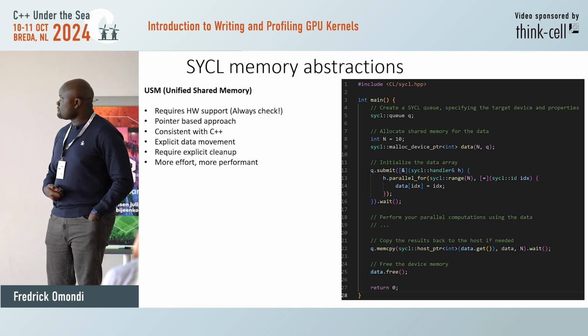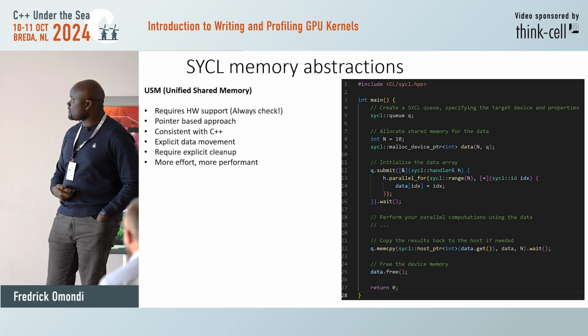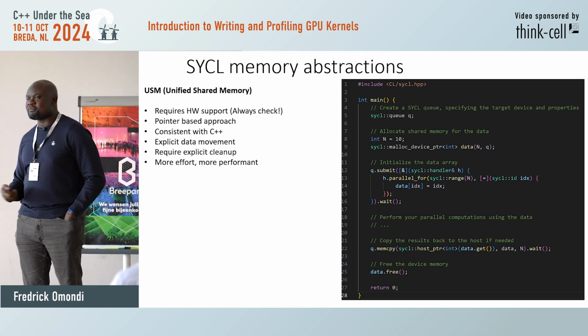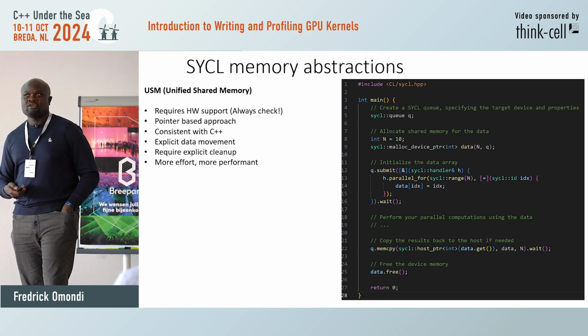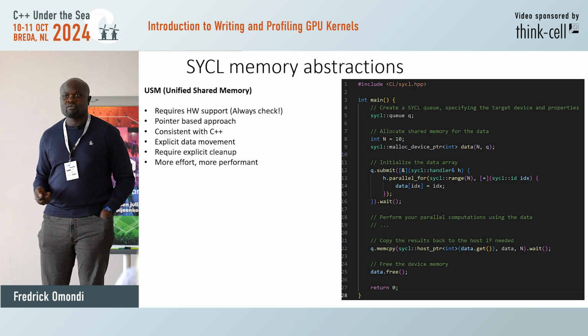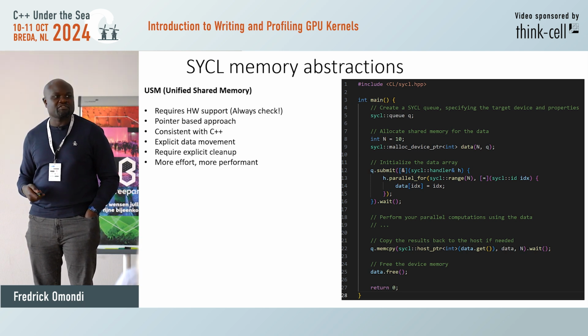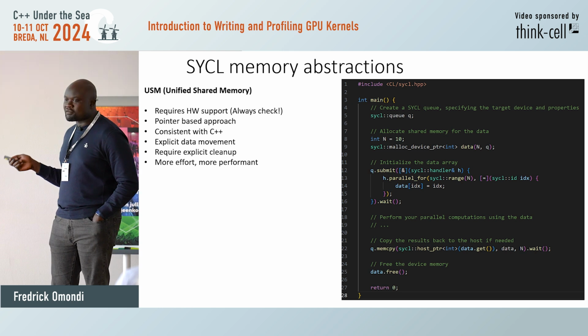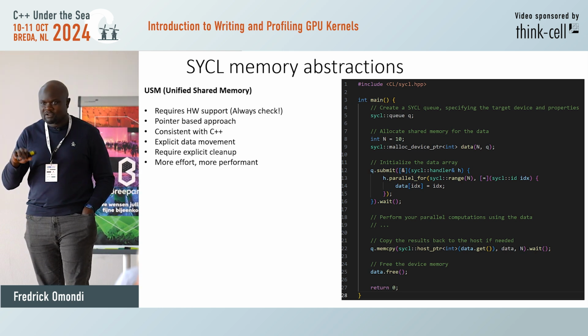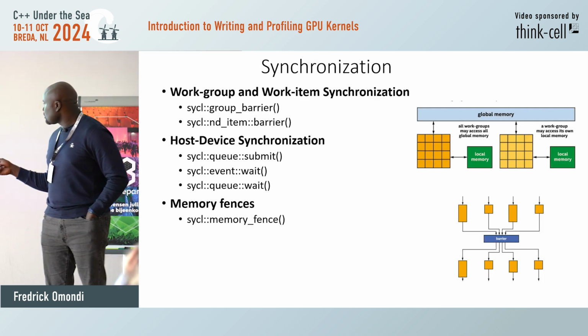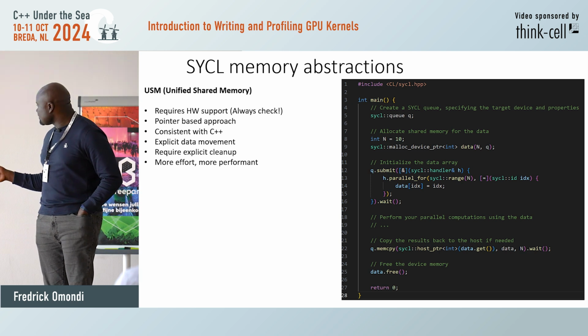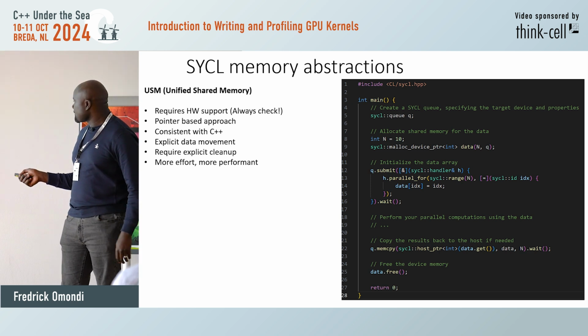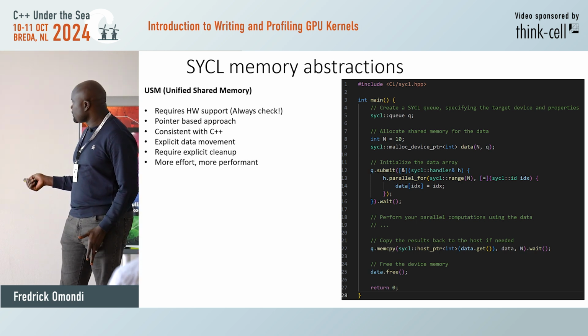unified shared memory, shared memory gives you more flexibility in the sense that you can do more with how the data is transferred. If you look at this code, it has explicit data movement; you need the copy commands to copy data from the host to the GPU.